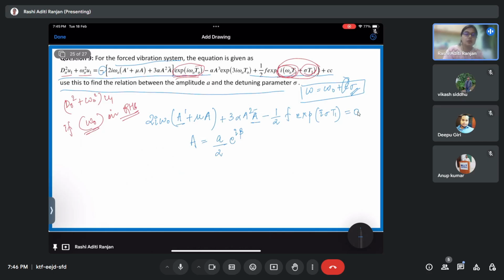First I'll find out a dash, which is nothing but a dot by 2 e to the power iota beta plus a by 2 e to the power iota beta into iota beta dot. Instead of dash we'll just use dash, because in the question it is given as dash.